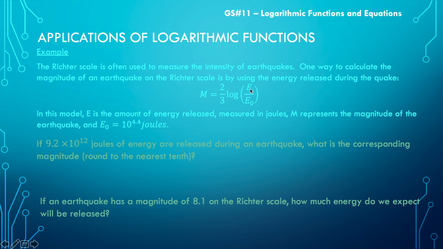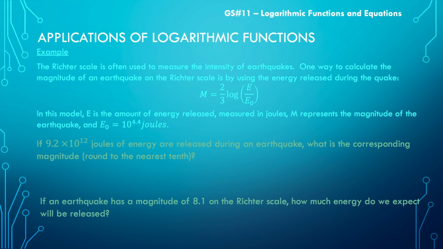Now, E represents the amount of energy released in joules during an earthquake, and E naught represents the initial amount of energy, and that is going to be given as 10 raised to the 4.4 power joules. And then M will represent the magnitude, of course.